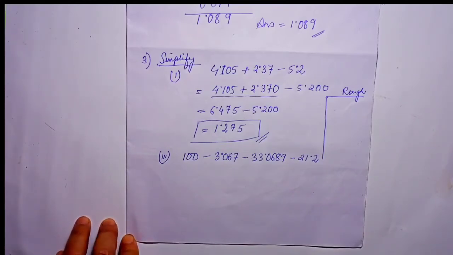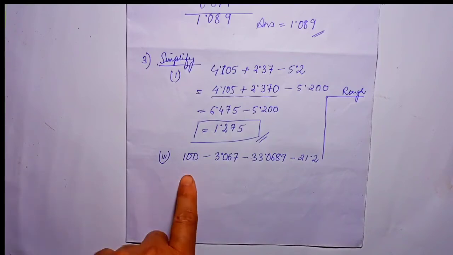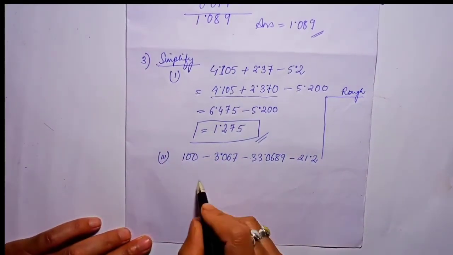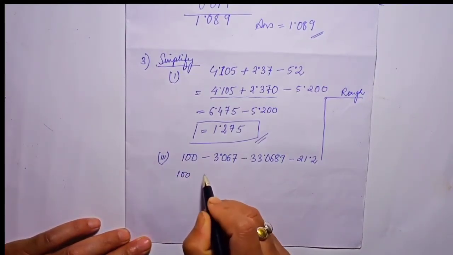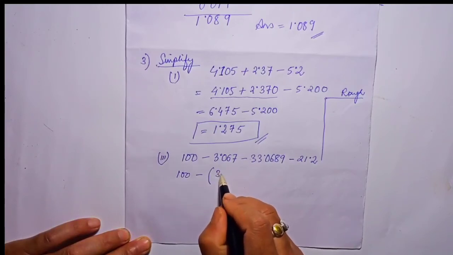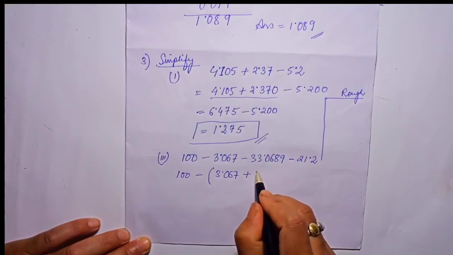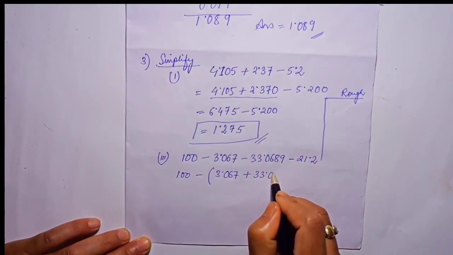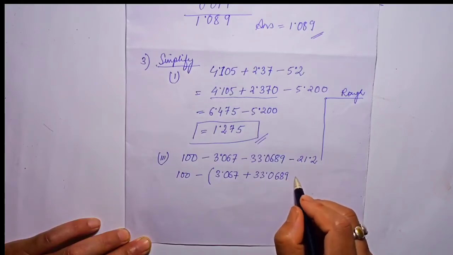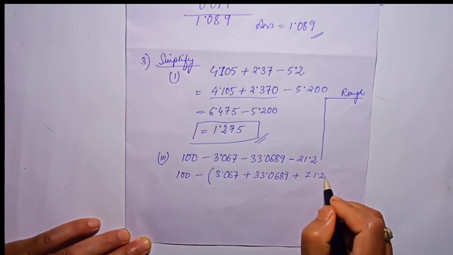First of all, you separate the negative number and positive number. 100 is a positive number, you separate this, and you can do by using a bracket formula. 100, okay, fine, take minus common, 3.067 plus 33.0689 plus 21.2.